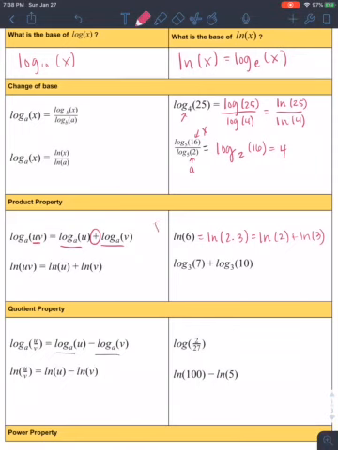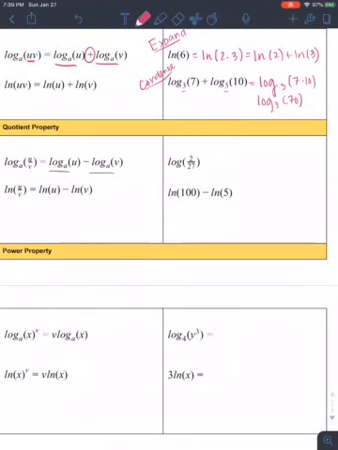Okay, this is expanding. And then we're going to condense. Okay, so same bases, so we can condense this into one input. So log base 3 of 7 plus log base 3 of 10 is log base 3 of 70.